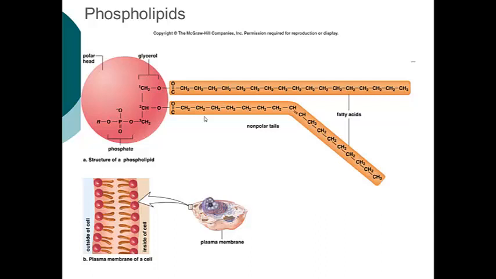But this idea of having a polar end, and if you remember, the more oxygen you have, you set up more situations for hydrogen bonding to occur. So in this case, the fact that we've replaced one of the fatty acids with a phosphate group means that we have a polar head and these long nonpolar tails that arrange themselves in a cell in such a way that the nonpolar tails point toward each other.